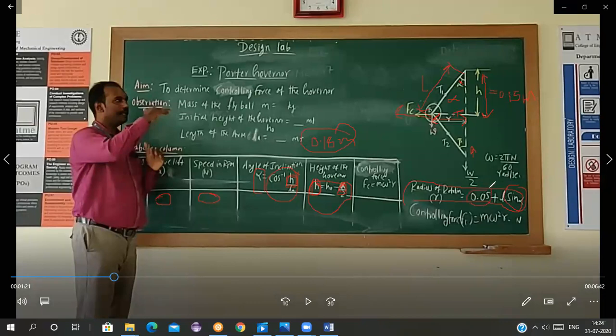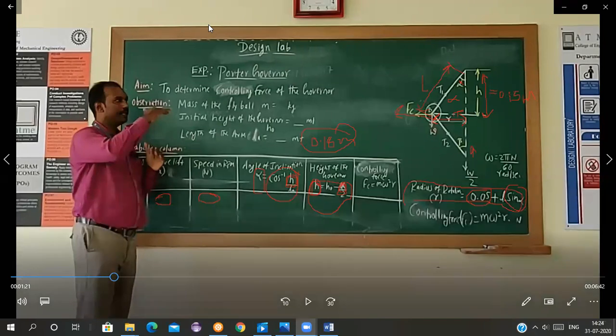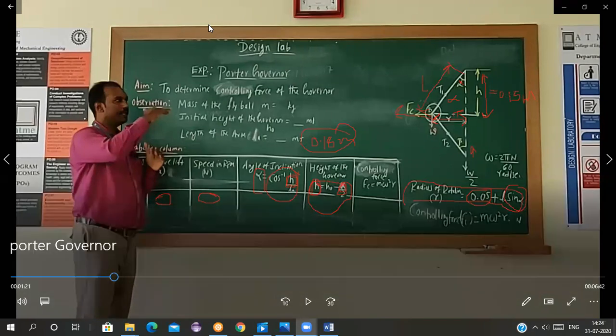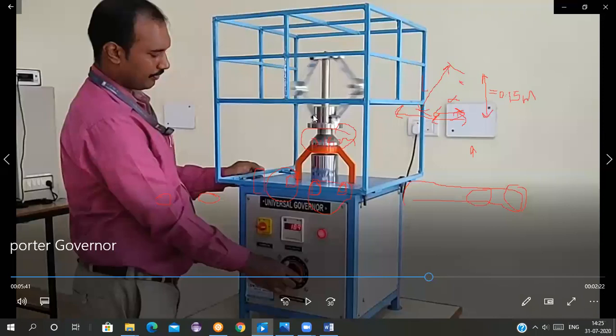This 0.05 is just the adjustment or the clearance which is given. Don't get confused. In the diagram, this R is L sine alpha. This radius of rotation is L sine alpha. But when you see in the practicals, there is some arrangement given.